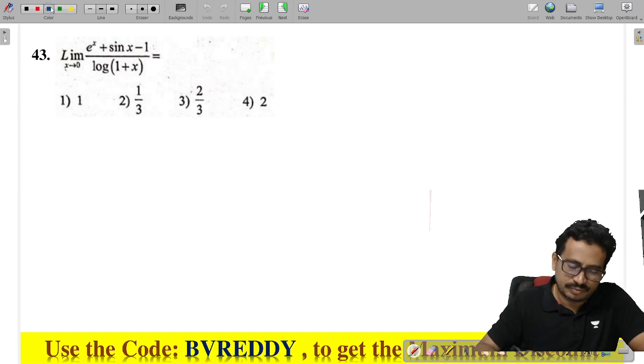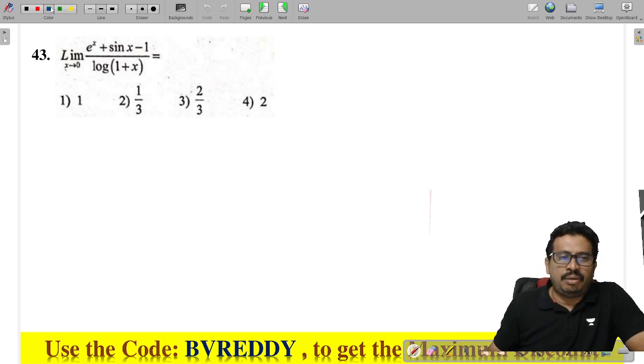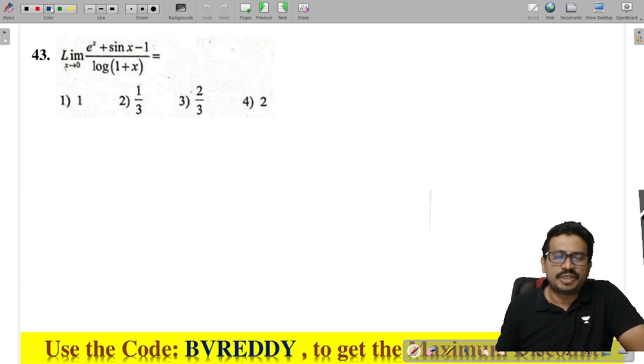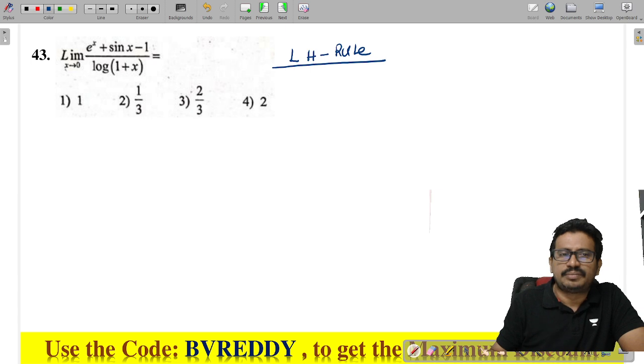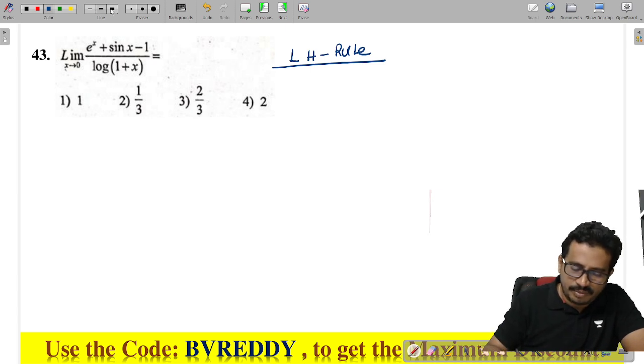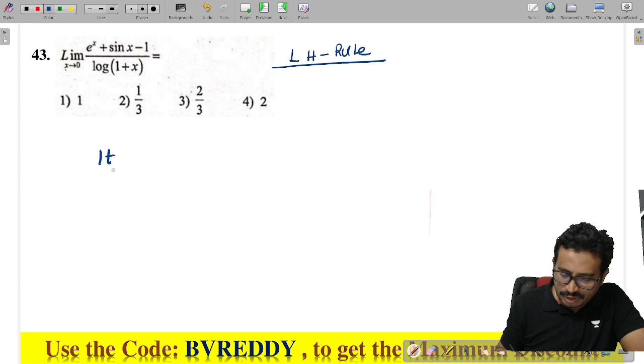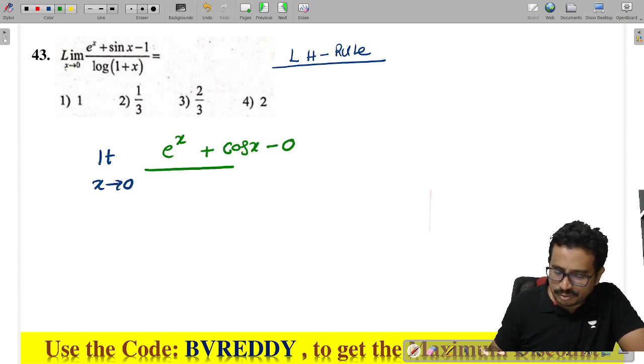Next, see this thing, limit x tends to 0. If I substitute, we get a 0 by 0 form, so directly we can go for L'Hospital's rule. Tell me now, limit x tends to 0: e power x sin x derivative gives cos x, and minus 0 by log of 1 plus x, that is 1 by 1 plus x.